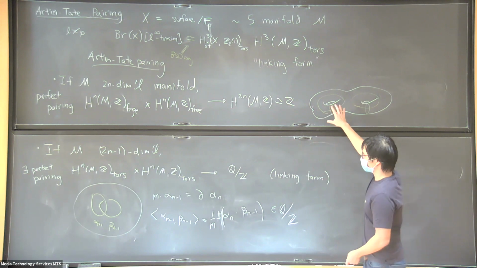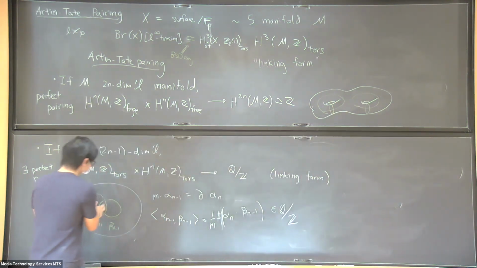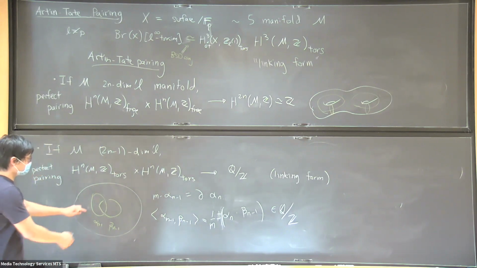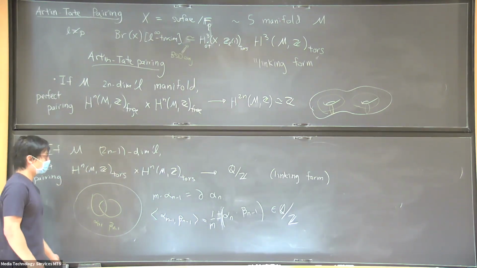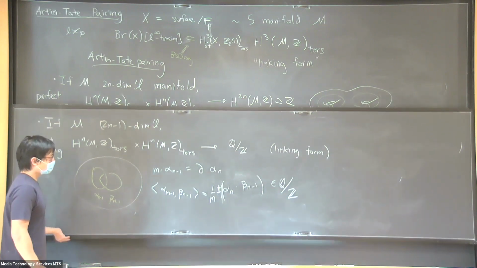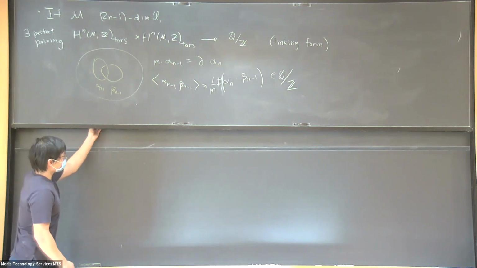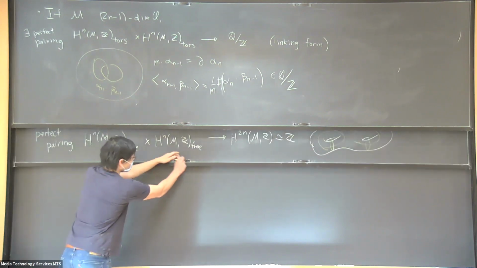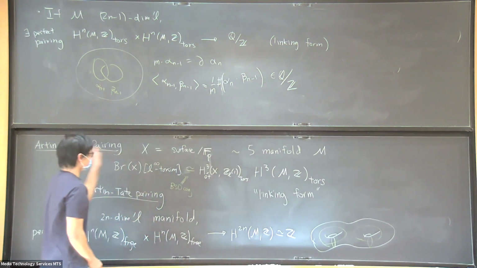So that's what this linking form is meant to be, something which measures, in some sense, the linking between two cycles which don't actually intersect. So if that wasn't very convincing, I'm going to give a purely algebraic definition of this pairing.